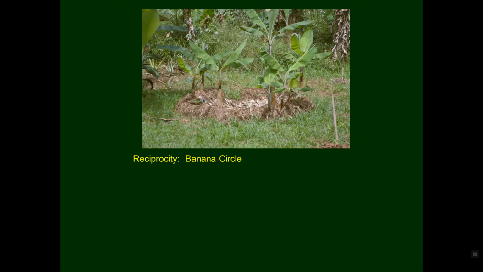Your green waste goes in the center, feeds the bananas, and the bananas benefit from it. So they're reciprocal. The green waste compost pile in the middle is giving to the bananas, and the banana leaves and things can give back. And you don't have to haul the green waste from one place to another as much. You can just use the green waste from this banana circle to feed the center. So it kind of closes the loop.